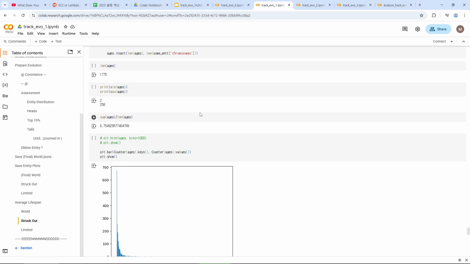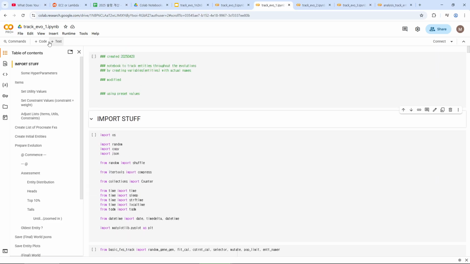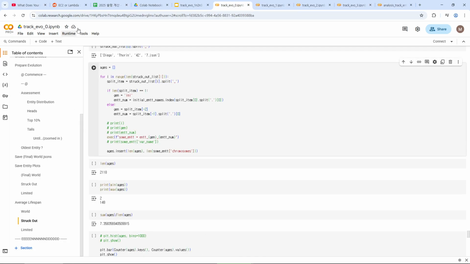So coming back to the first Jupyter notebook that I modified, this is Track Evo 1, and I kept the overall structure of the procedures almost exactly the same as Track Evo 0.